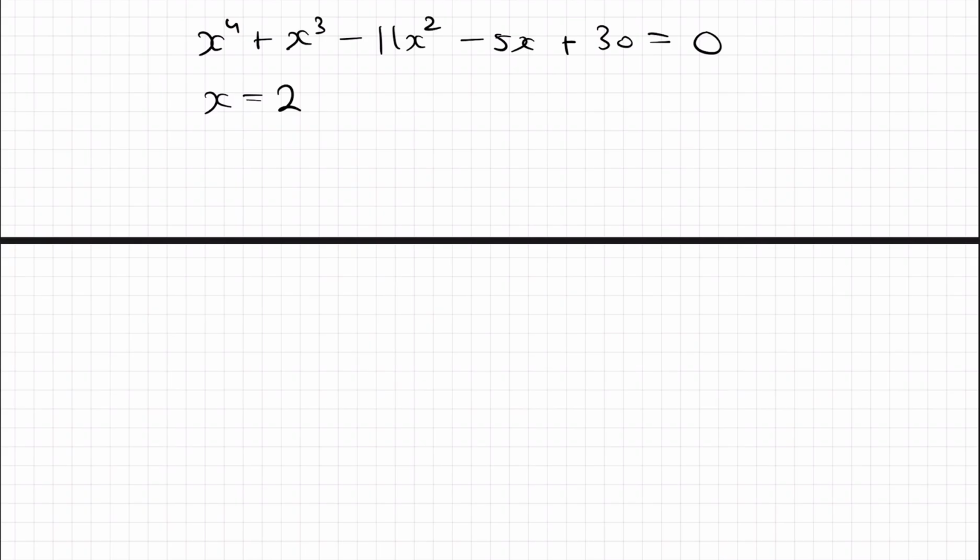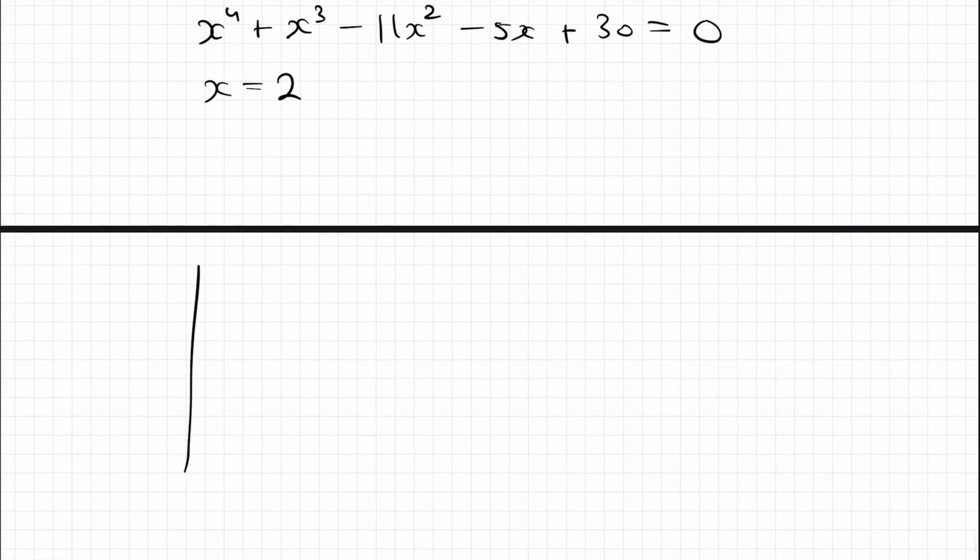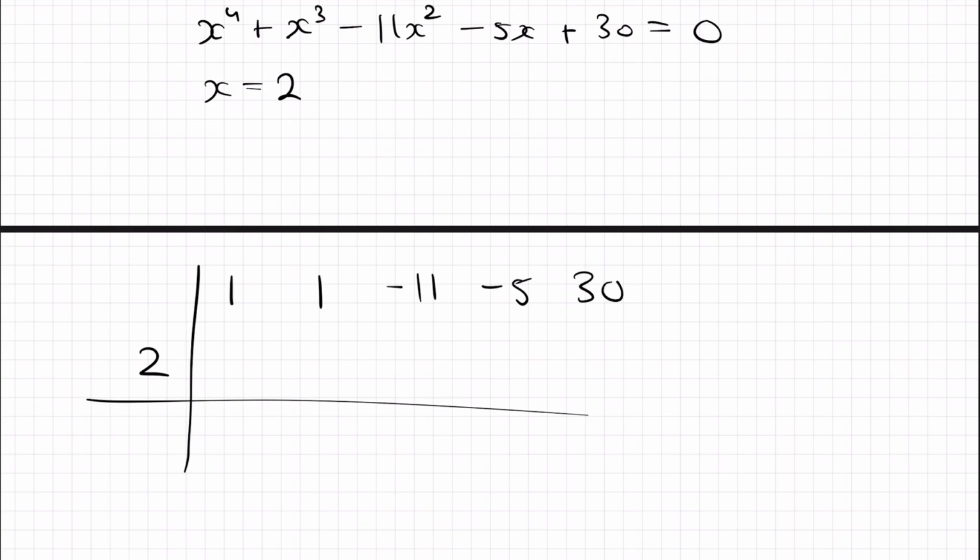That's one solution. So now we can just put this in, put our coefficient terms in, minus 11, minus 5, and 30. And we will do the same process again. So drop this down, 1 times 2 is 2, add them together, you get 3. 3 times 2 is 6, add them together, minus 5.